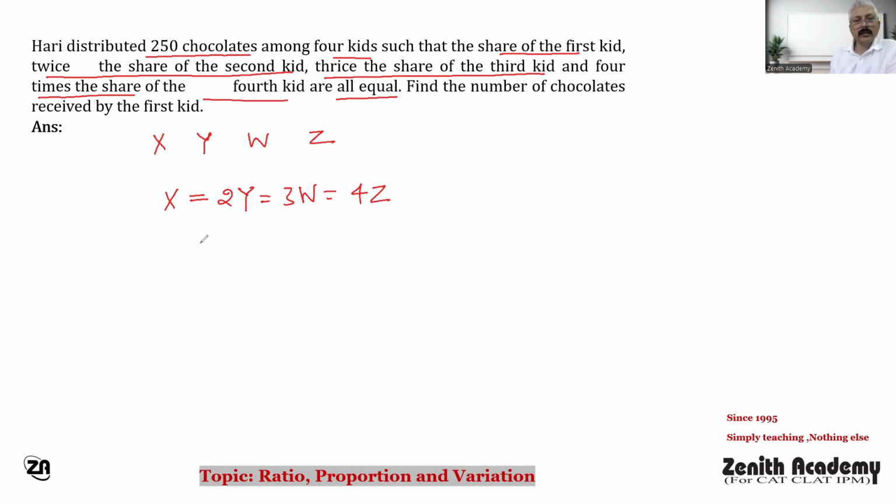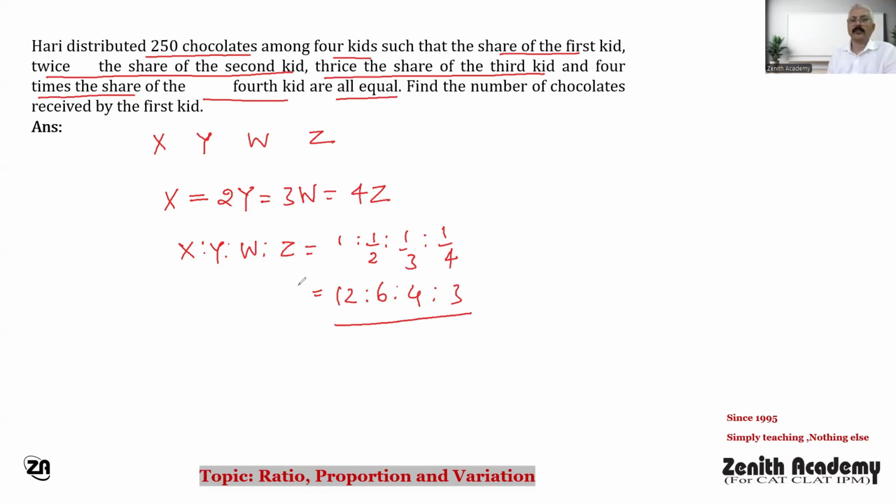So here x is to y is to w is to z is going to be 1 is to 1 by 2, 1 by 3, 1 by 4. So the LCM is 12. It is 12, it is 6, it is 4, it is 3. So this is the ratio among the first, second, third, and fourth kids' chocolates.